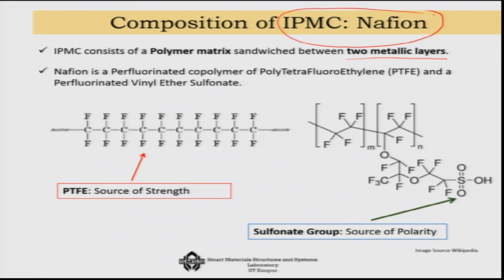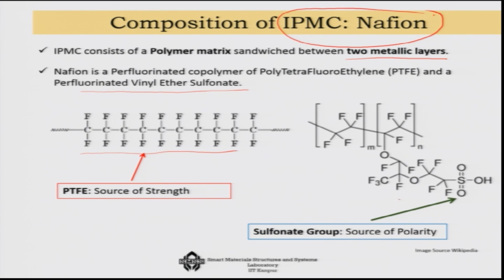Nafion itself has a PTFE structure, also known as perfluorinated copolymer of PTFE. You can see the presence of fluorines and the carbon main chain, which gives the source of strength to the system. In addition, you have a perfluorinated vinyl ether sulfonate, which is this part.